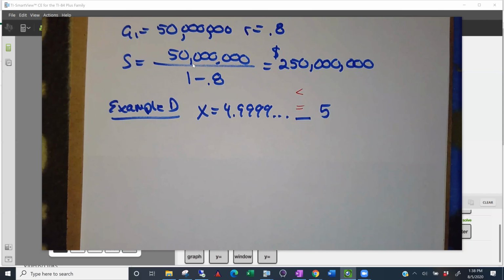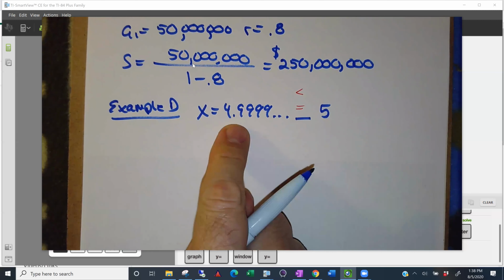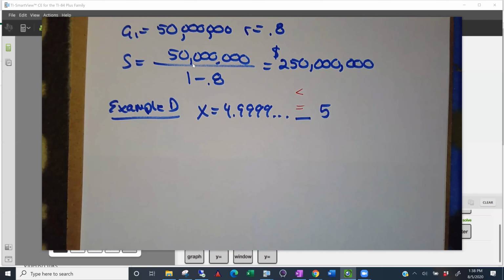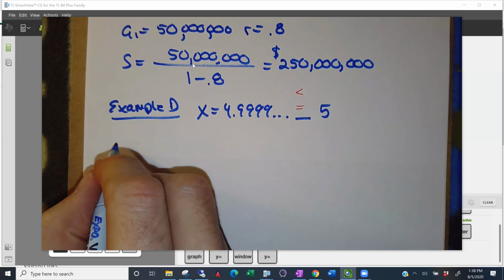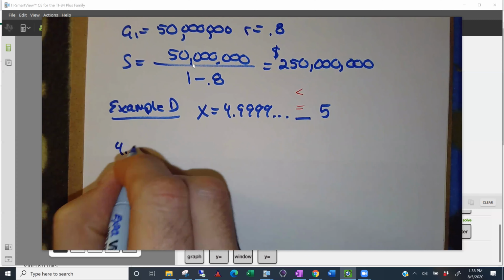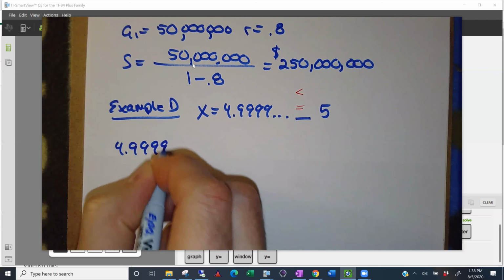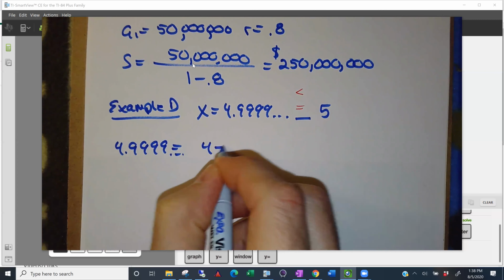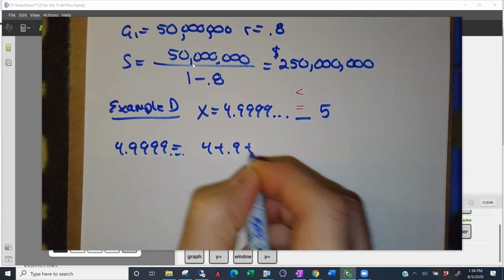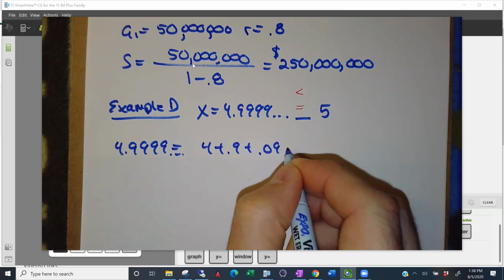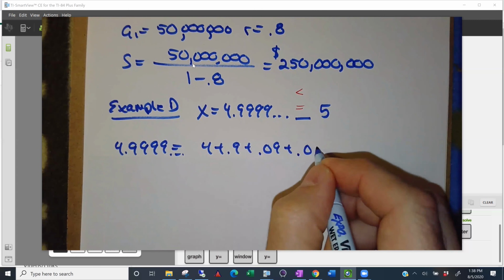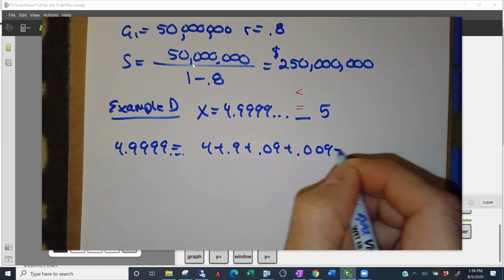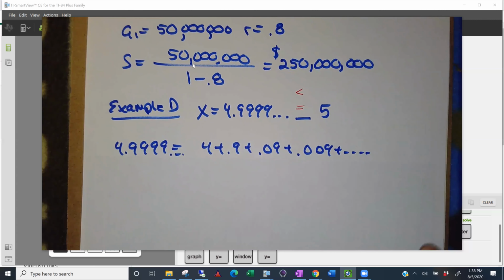We can actually do this as a geometric series. So what this is, you can think of 4.999, et cetera, as 4 plus 0.9 plus 0.09 plus 0.009, etc. Now we don't have to work with the 4 part here.